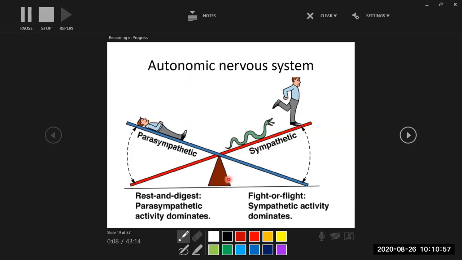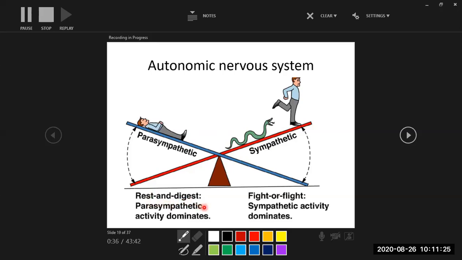If we are in the fight or flight mode, we activate the sympathetic nerve, and that will prepare our body to survive in an urgent condition. But if we don't have that urgent condition, our body will switch to rest and digest.